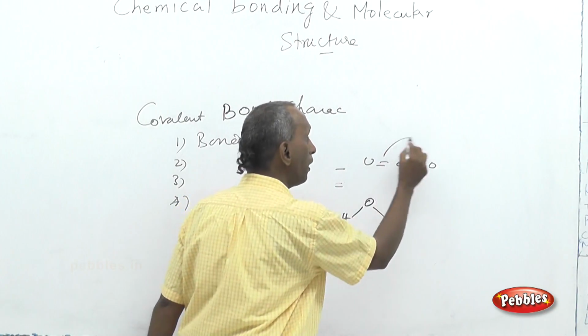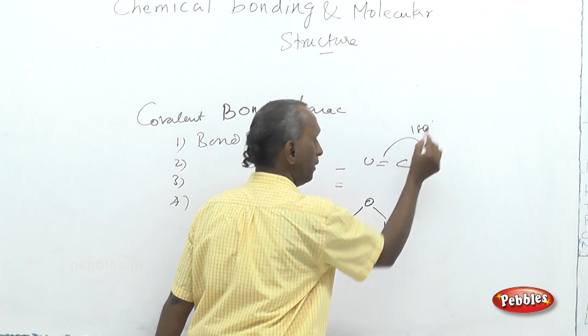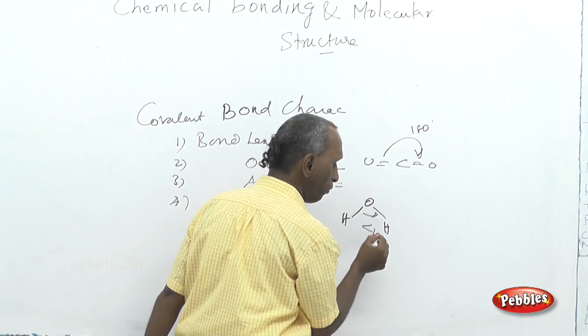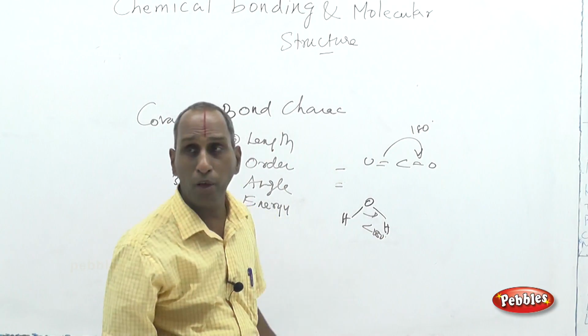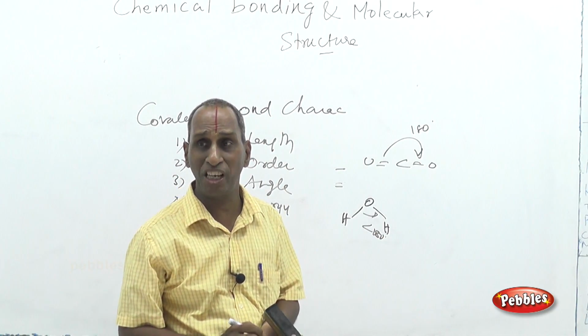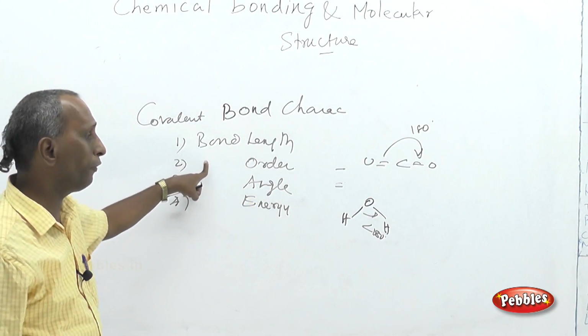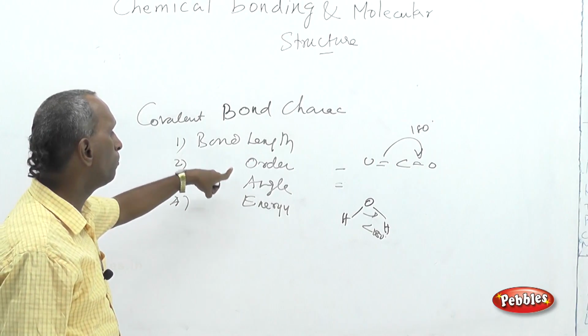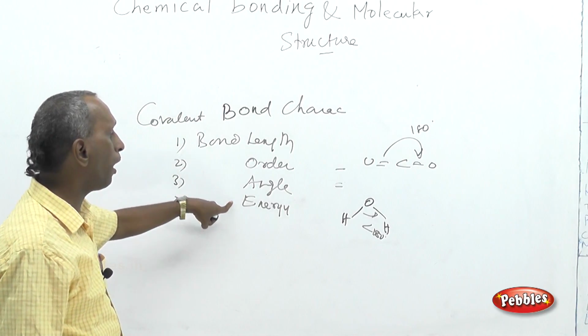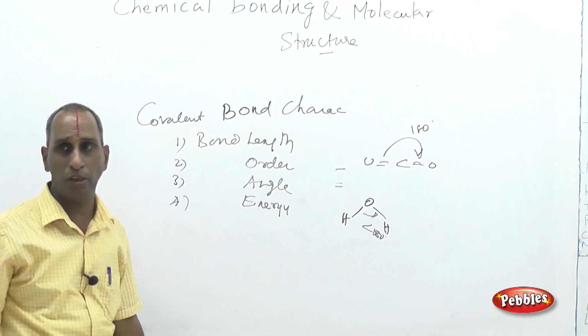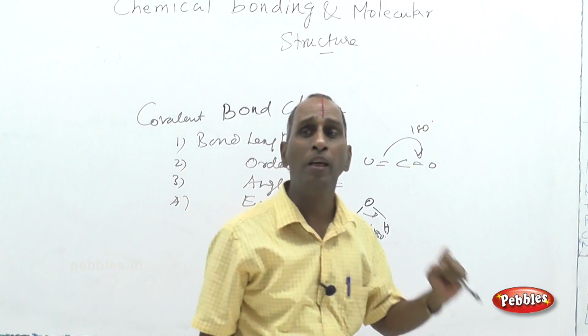Here the angle between the atoms is 180 degrees, here the angle between the atoms is less than 180 degrees. So linear and non-linear molecule shapes are all influenced by these important phenomena: bond length, bond order, bond angle and bond energy. We will illustrate them with examples.